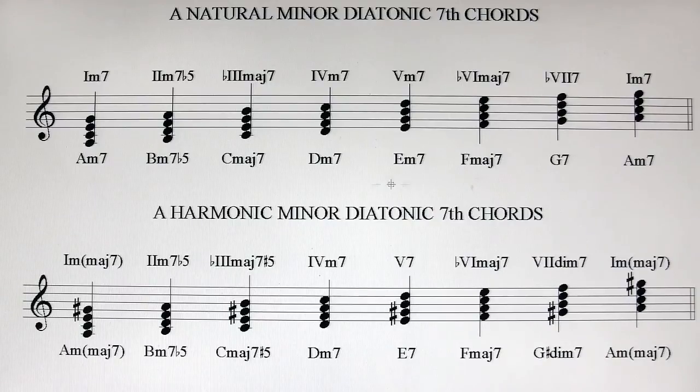The truth is, all chords that have 7 in their name are some kind of seventh chord. So every one of these is a seventh chord, and every one of these is a seventh chord. What they are is just different types of seventh chords.